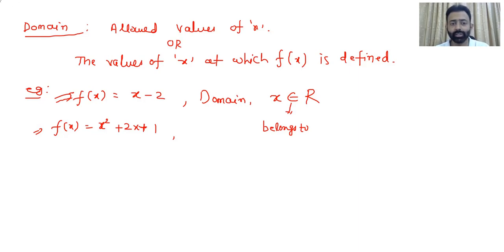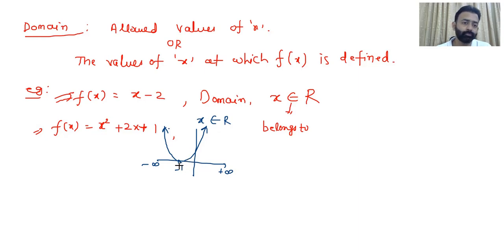Because I know that this is a quadratic function, and its graph will be like this. This will be minus 1 to be more precise, x is minus 1. So from minus infinity till plus infinity, the function is defined, right? So again in this case, the domain is given by R.